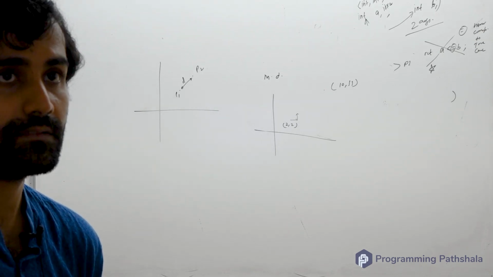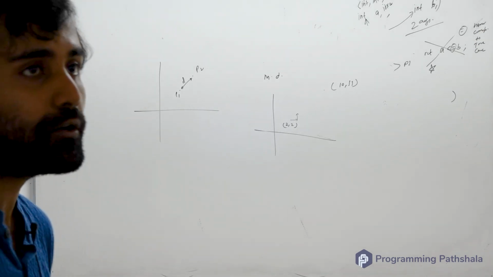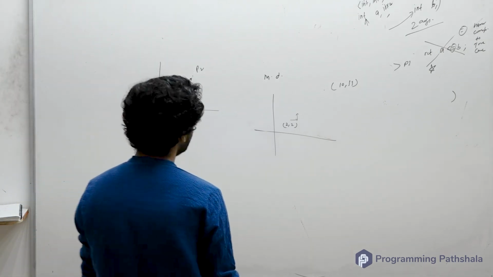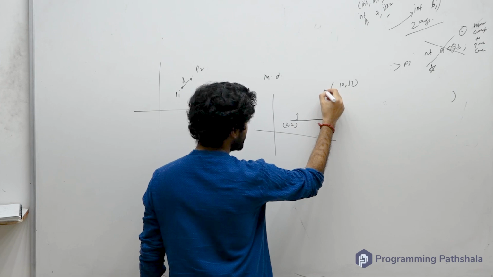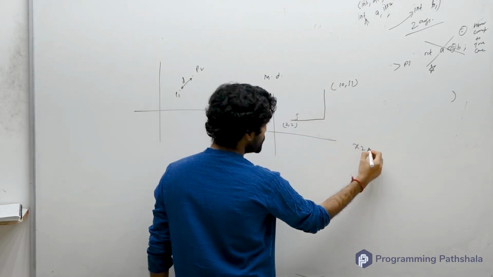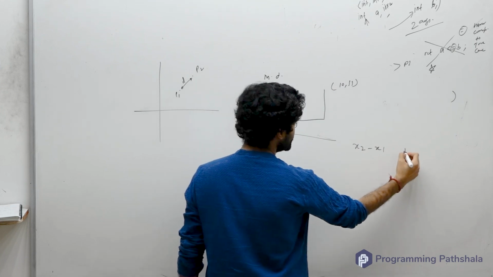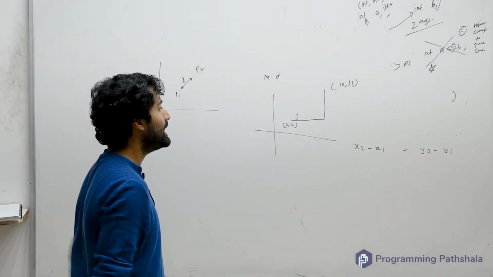Okay, yeah. And how did you figure that out? Because the number of moves will be number of moves in x-axis plus number of moves in y-axis. Number of moves in x-axis will be x2 minus x1, and number of moves in y-axis will be y2 minus y1. So this thing is called as Manhattan distance.